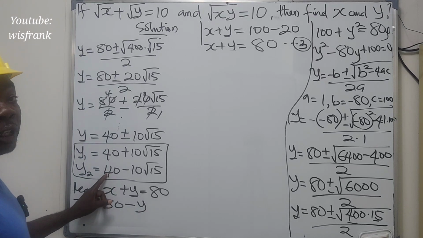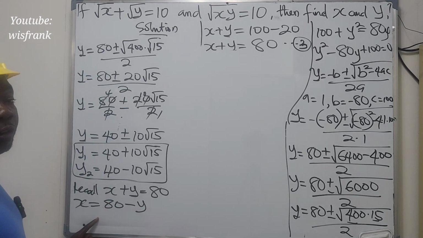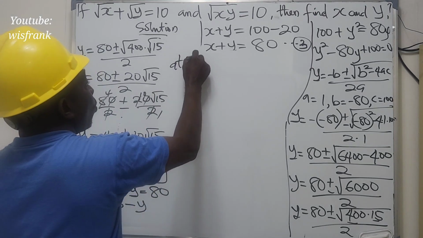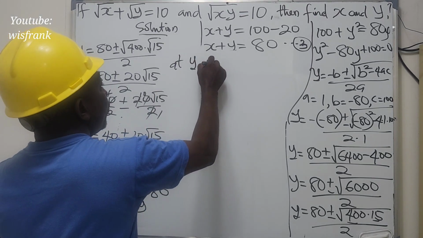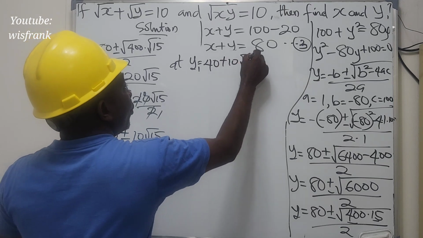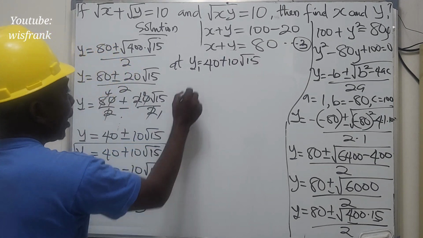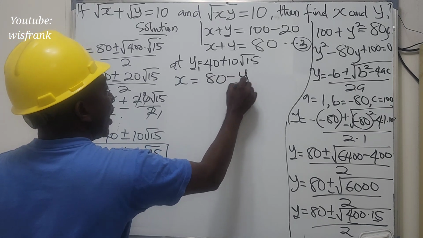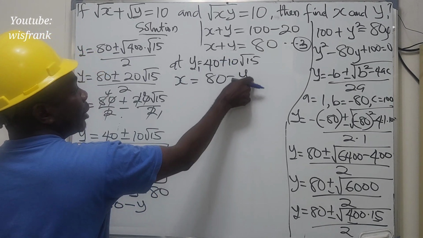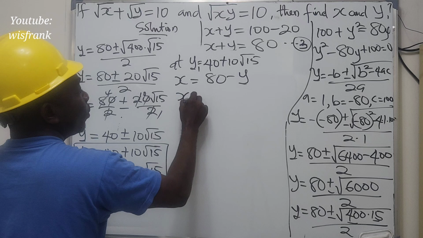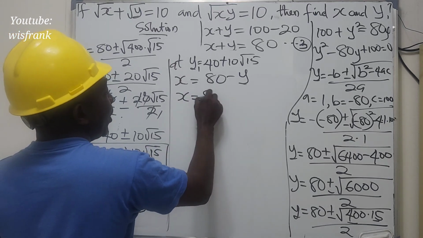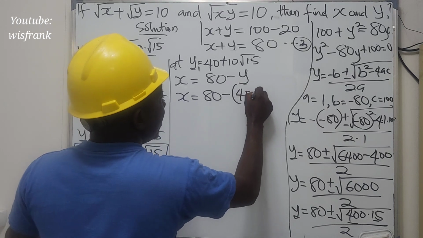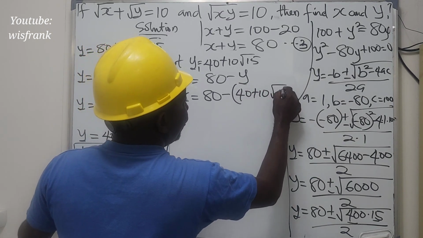We have gotten the value of y, and we are going to look for the value of x from this expression. So at y1 equals 40 plus 10 root 15, we have x equals 80 minus y. Substituting this, we have 80 minus y equals 80 minus 40 plus 10 root 15.